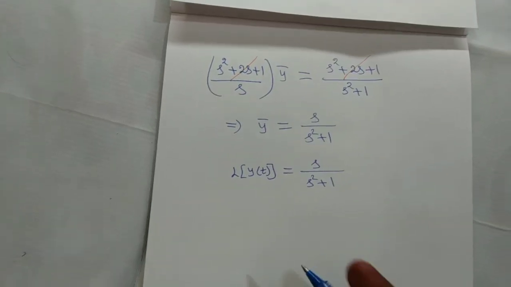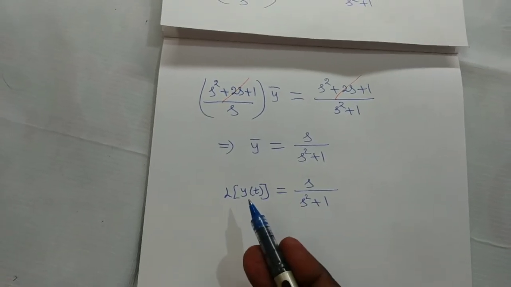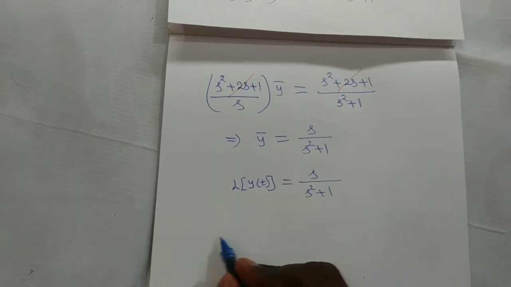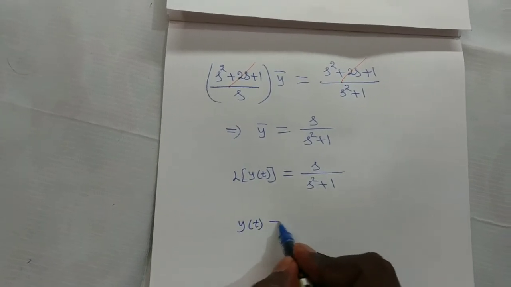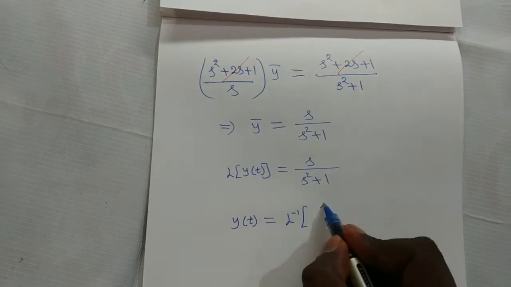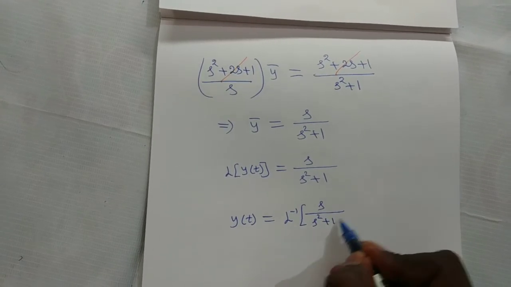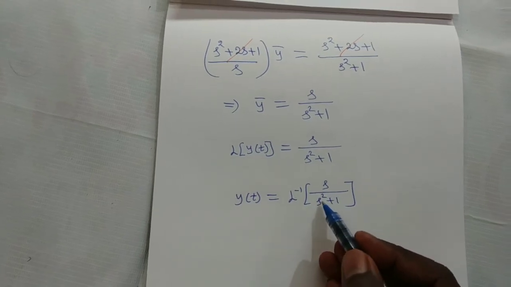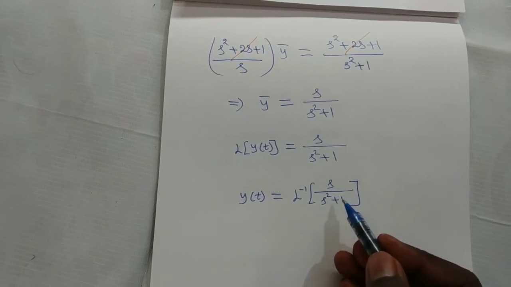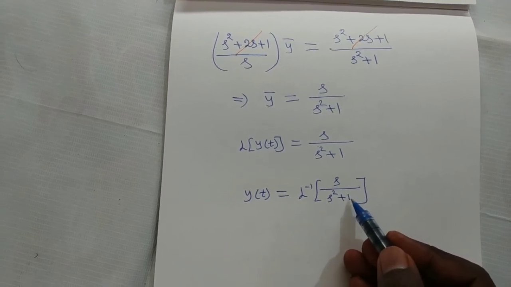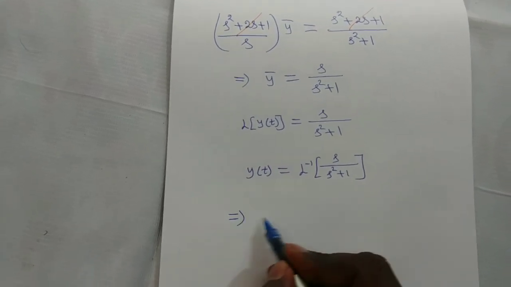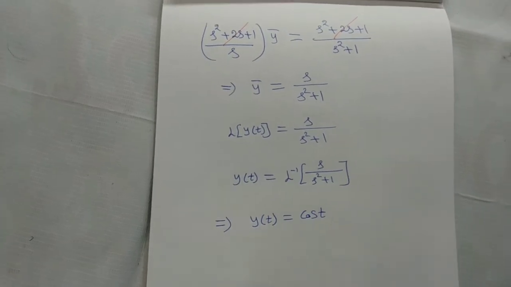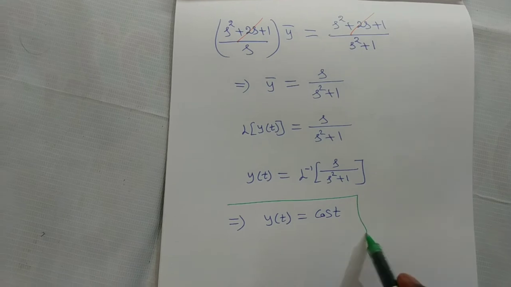But the solution of the differential equation is always y(t), so keep y(t) on the left hand side and take L to the right hand side, so that y(t) = L inverse of s/(s² + 1). This is a direct formula: the inverse Laplace transform of s/(s² + a²) is cos at, and a is 1, so cos t. Therefore y(t) = cos t. This is the solution of the given differential equation.